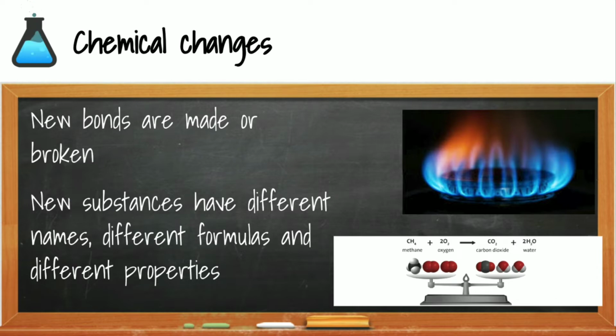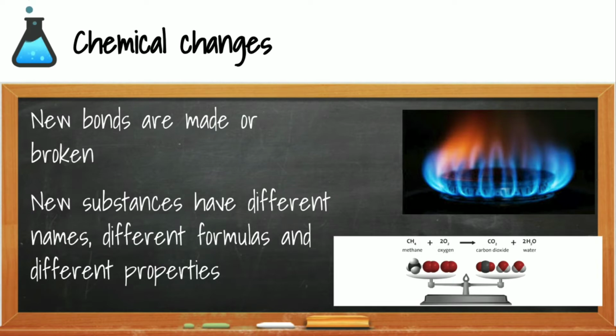And you can see from the formulas below that CH4, also known as methane, and oxygen combine to make new compounds of carbon dioxide and water. So the name and the formulas have changed here, and the properties change as well.